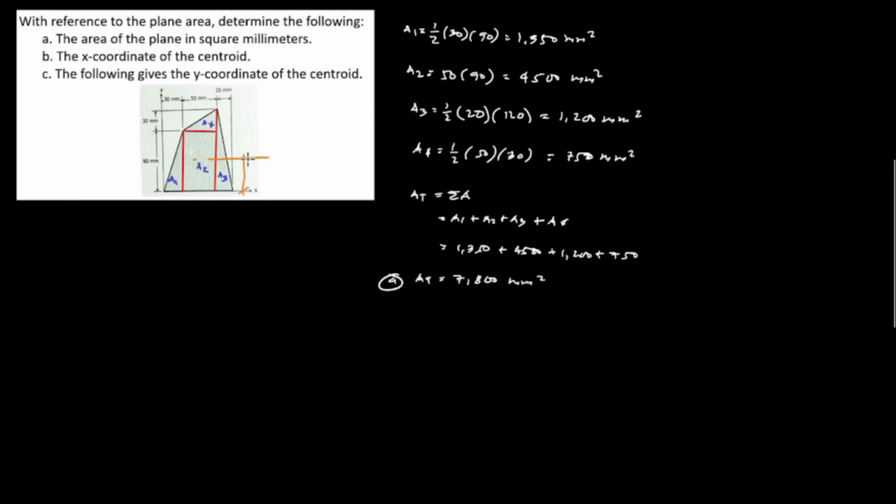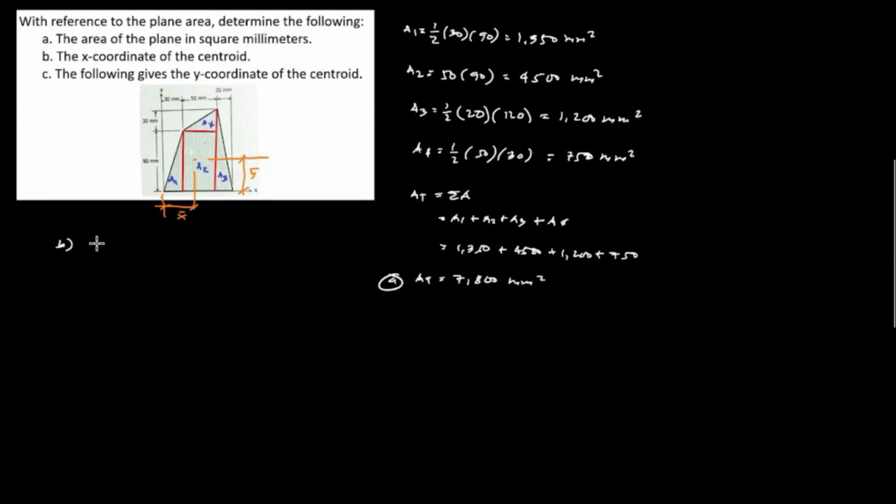This is the distance y bar, and from this point, this is the y coordinate, and we will have the distance x bar. The x coordinate of the centroid, we can find the value for y bar.